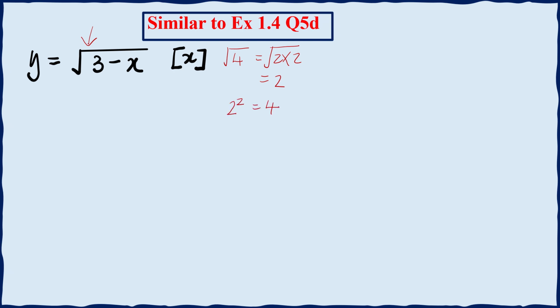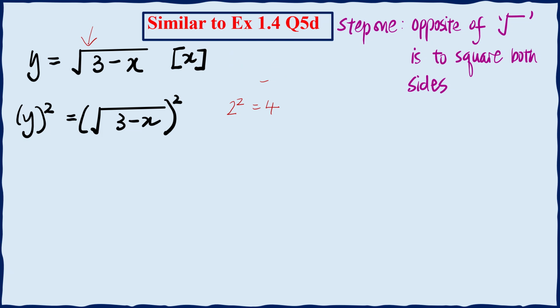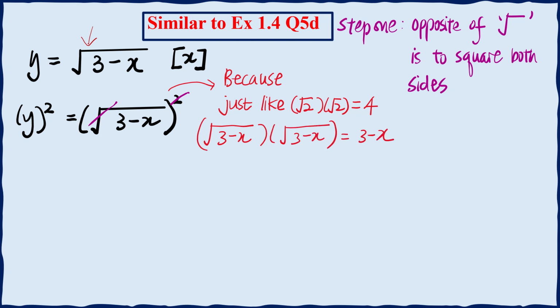So the opposite of square is square root, and the opposite of square root is square. Therefore, to get rid of our square root, step number 1 is to square both sides, so that the square root and the square can cancel off, like what I've explained earlier on.